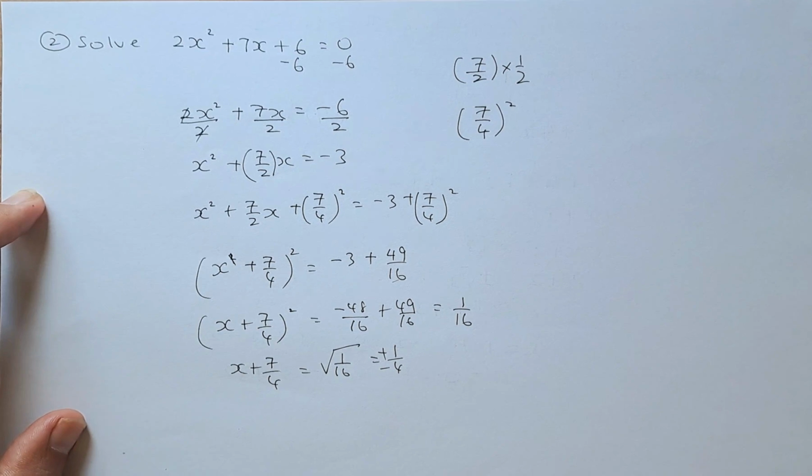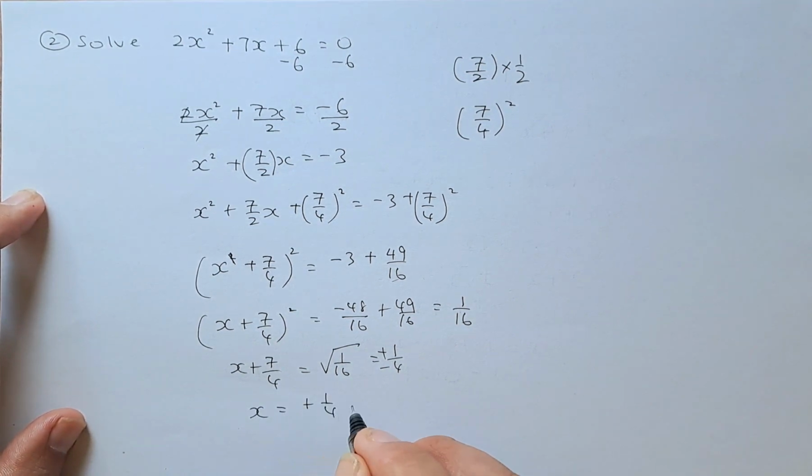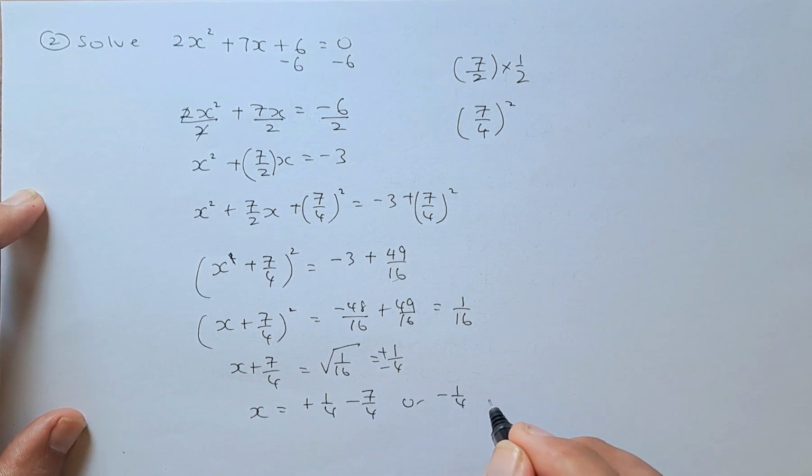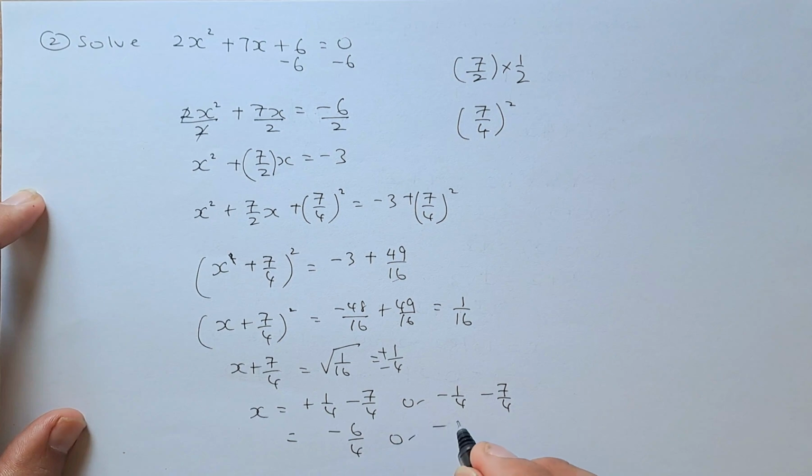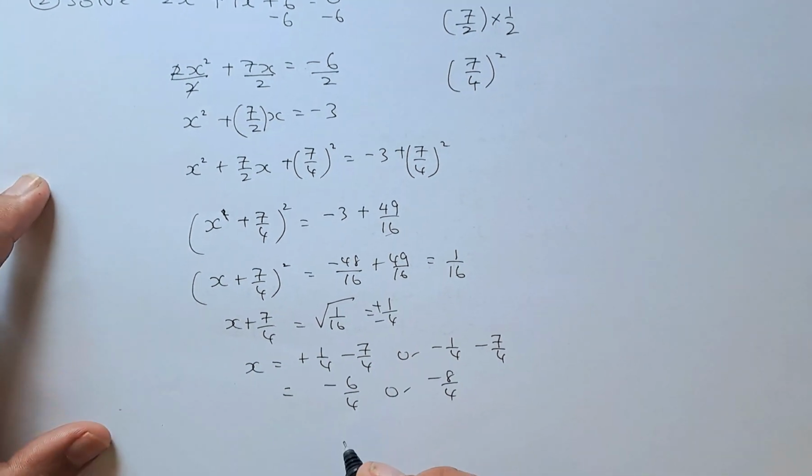And the last step is to solve. So x equals plus 1/4 minus 7/4 or minus 1/4 minus 7/4. That will give you the answer of negative 6/4 or negative 8/4, and the answer is going to be negative 3/2 or negative 2.